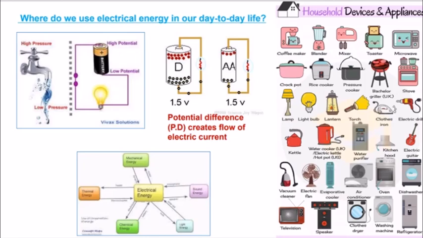Now, the most important form of energy that we use in our basic things is electrical energy. We have studied about current and electricity in 9th standard, and in that we have also studied about potential difference. Potential difference is the main reason why the current flows, because potential difference creates the flow of electric current from a lower potential to the higher potential level. So we use electrical energy.